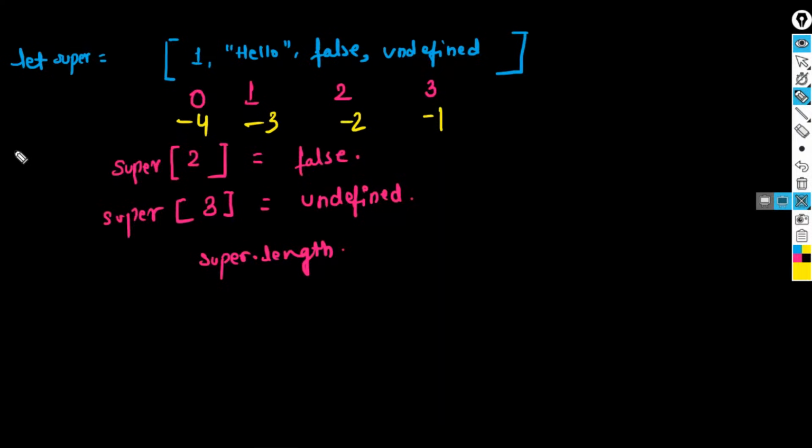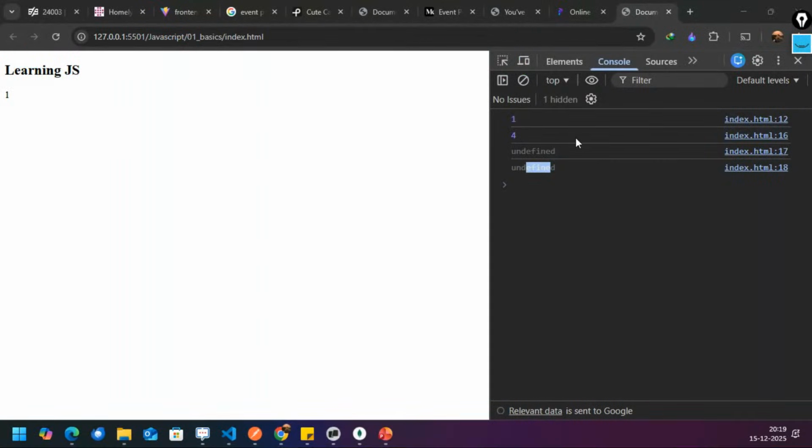Now an array can contain different types of data types as well as the same type of data types, can be both, correct?